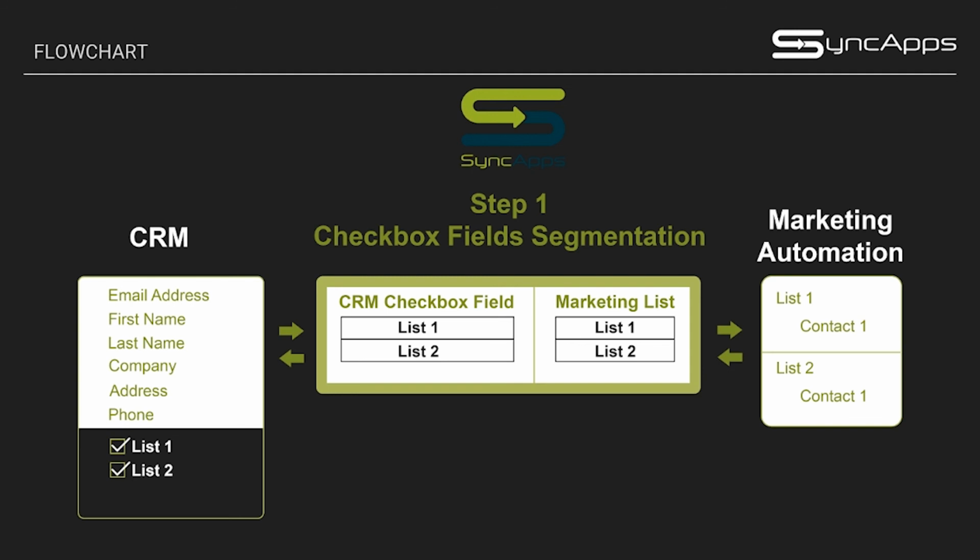So one checkbox field is equivalent to one marketing list in your marketing automation software. Once integrated, your CRM contact will be integrated into 2 different lists in your marketing automation software. You can send separate marketing campaigns for the different lists and bring those back into your CRM accordingly.